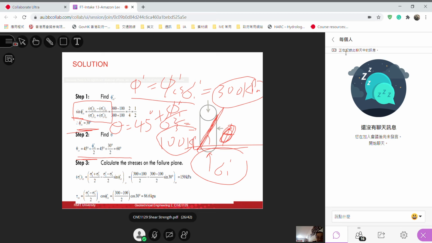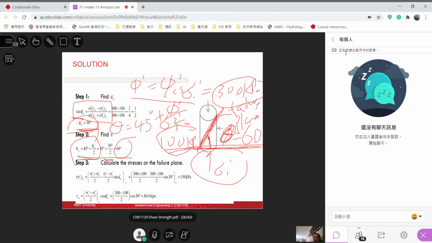This equation we discussed before. Now we found the angle of friction is 30 degrees, so substitute 45 plus 30 over 2, which is 15. So this inclination is 60 degrees. This is the failure plane, making 60 degrees from the horizontal.